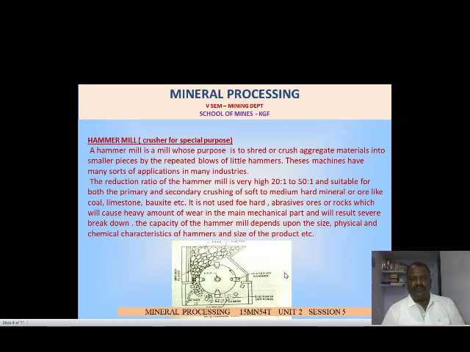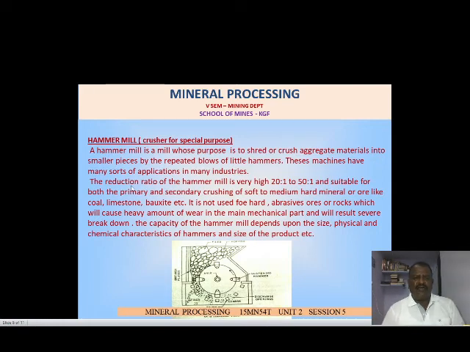Now we will go to the hammer mill. This hammer mill is for special purposes, crushing for special purposes. The hammer mill is a mill whose purpose is to shred or crush aggregate material into smaller pieces by repeated blows of little hammers.